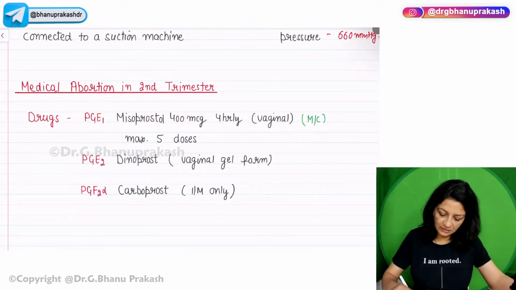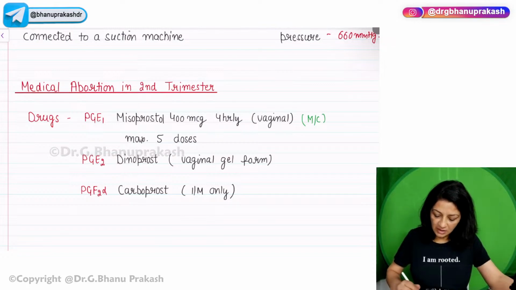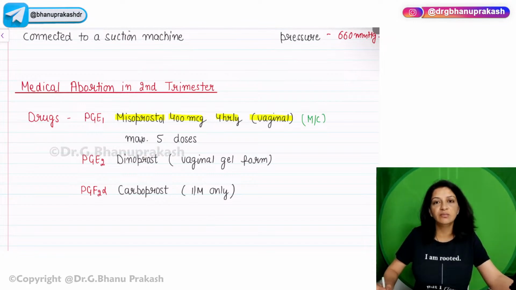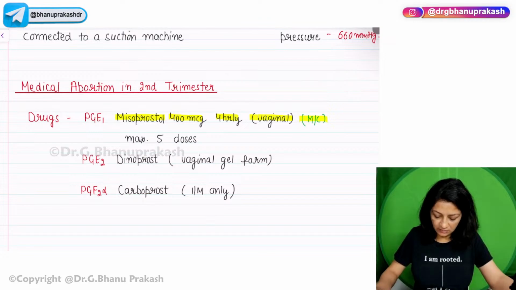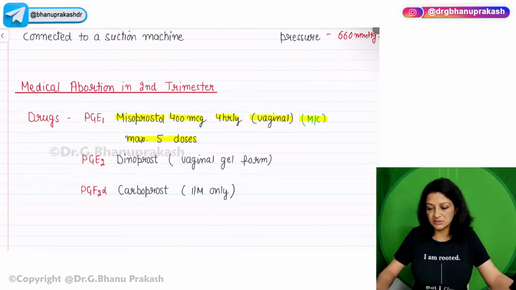Drugs. Important drugs are misoprost 400 microgram for early vaginal, most commonly used. In second trimester, prostaglandin E1, misoprost 400 microgram vaginally, most commonly हम use करते हैं. Maximum 3 doses.